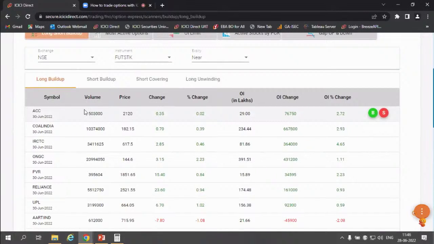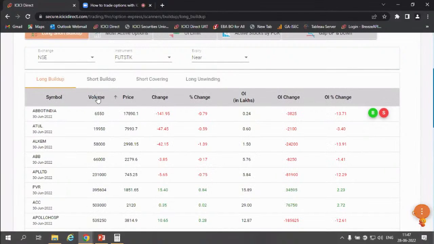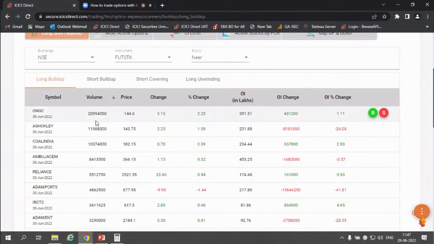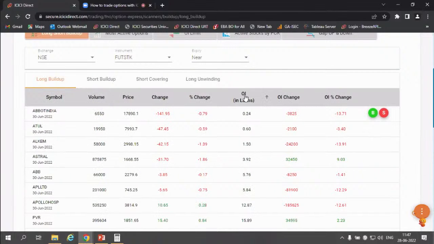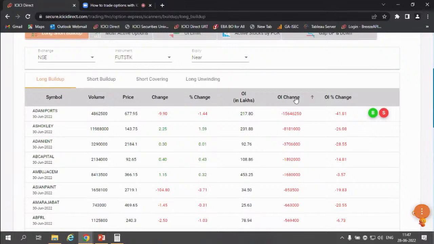Now based on this, you will be able to identify and filter the contracts that you want to trade using volume, or based on the price, or the change in open interest, and so forth.